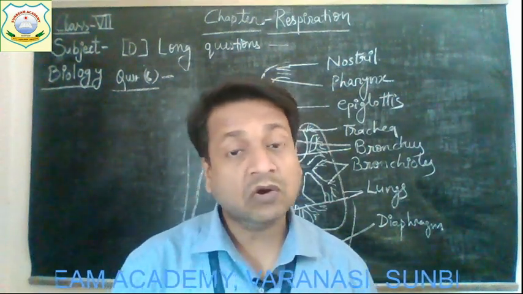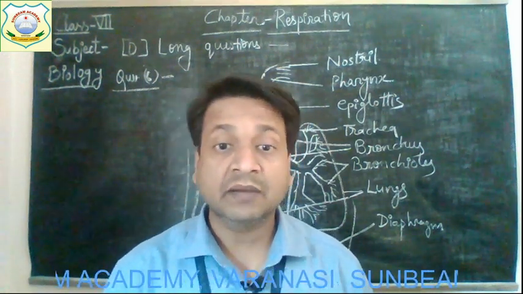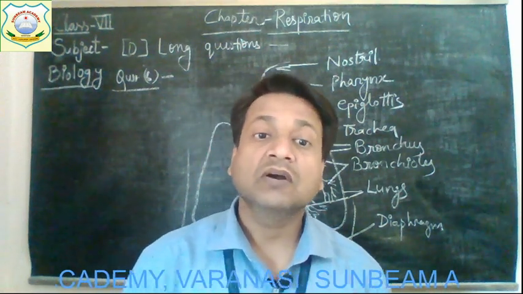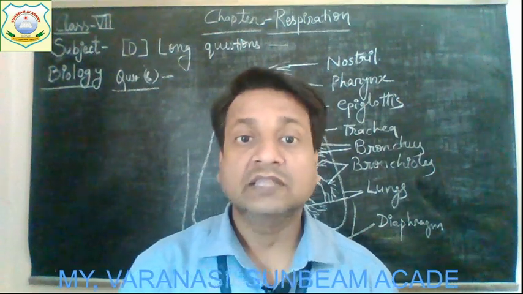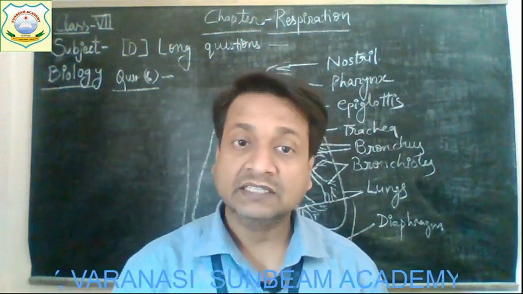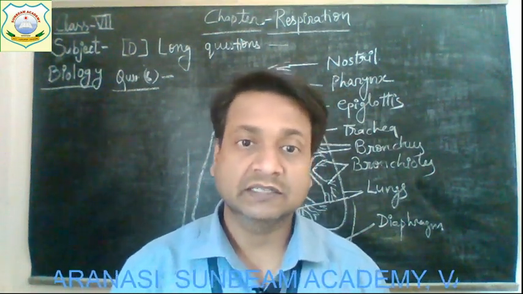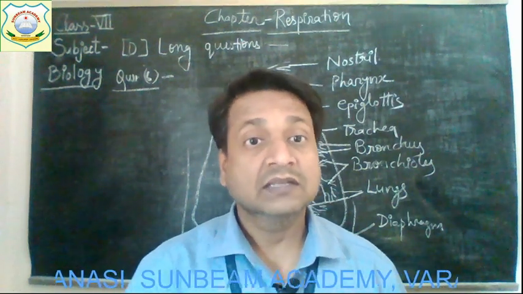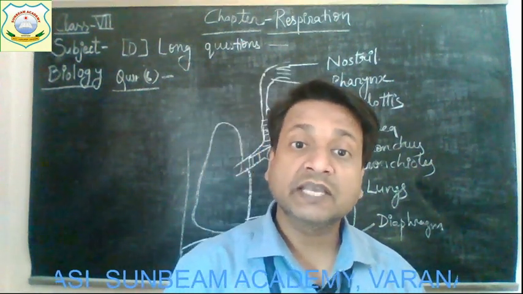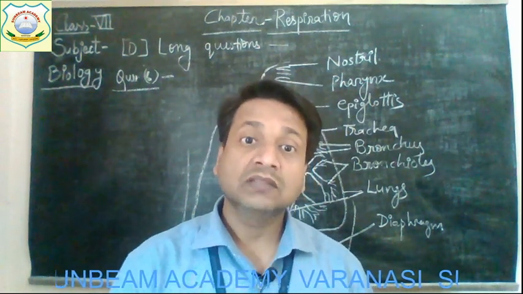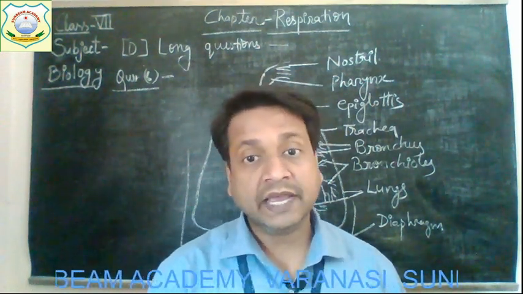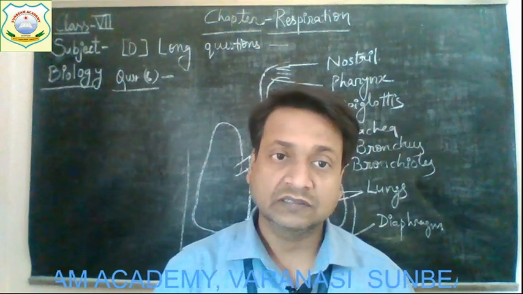And the carbon dioxide present in the blood passes out of the blood into the air sacs. Thus the exchange of gases takes place in the lungs, at the alveoli, because here oxygen and carbon dioxide are exchanged.